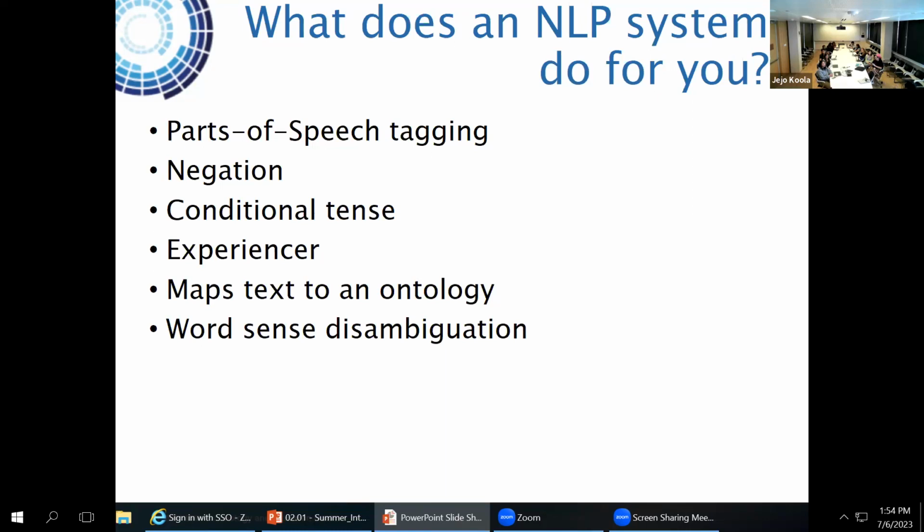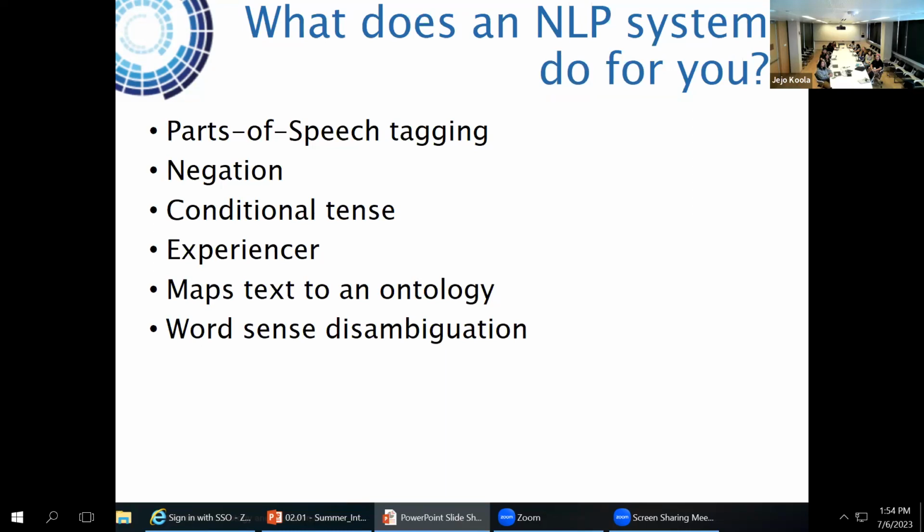The next thing is, and this isn't necessarily meant to be in order, these are different things it has to do. The next thing it has to do is negation. In other words, instead of the sentence saying the patient has high blood pressure, it's detecting whether the sentence says the patient does not have high blood pressure. As you can imagine, it's really important whether something is stated affirmatively or negatively in order to do research on it.